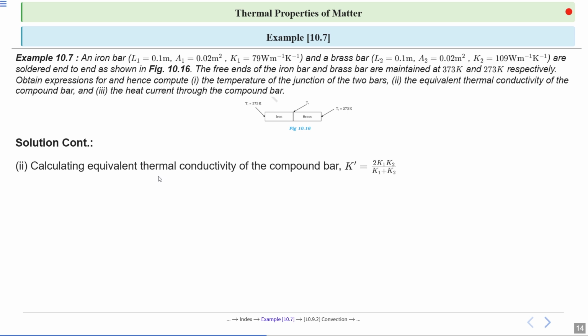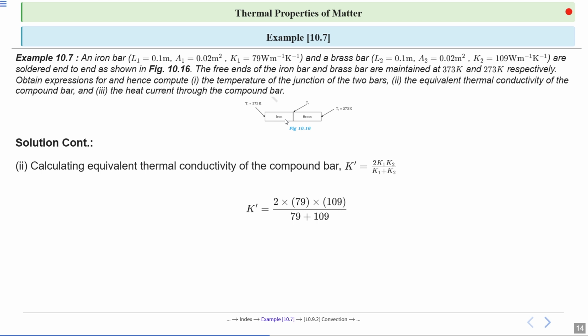Second, we have to find out the equivalent thermal conductivity. So we already found the expression, that is, calculating the equivalent thermal conductivity of the compound bar, K prime equal to 2 times K1 K2 divided by (K1 plus K2).